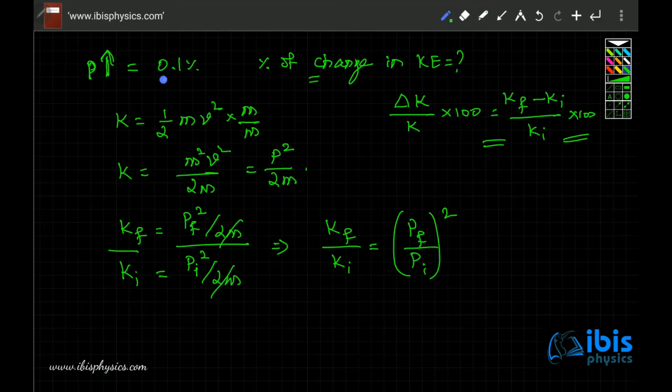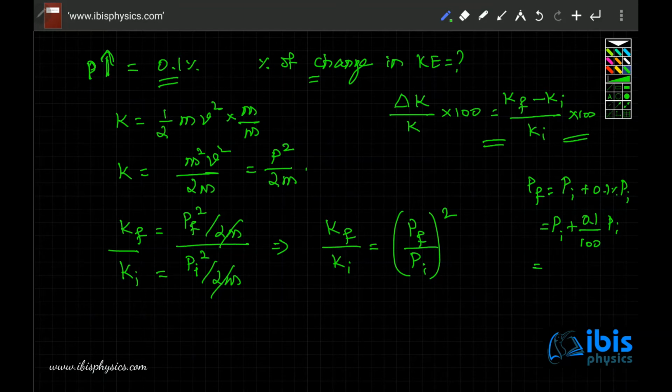But the momentum is increased by 0.1%. 0.1% means final momentum is initial momentum plus 0.1% of initial momentum. So it is P initial plus 0.1 divided by 100 times P initial.